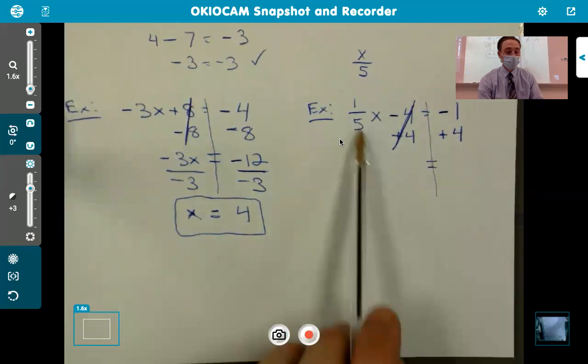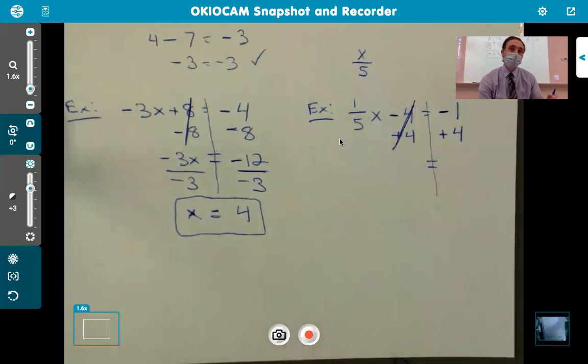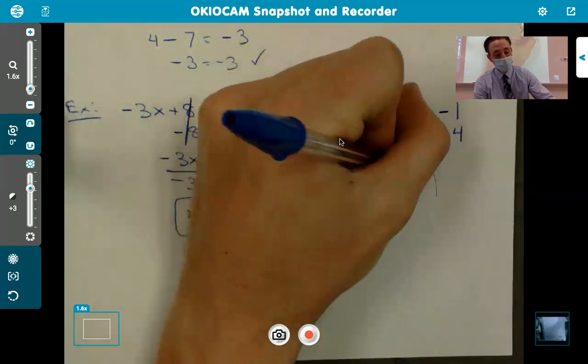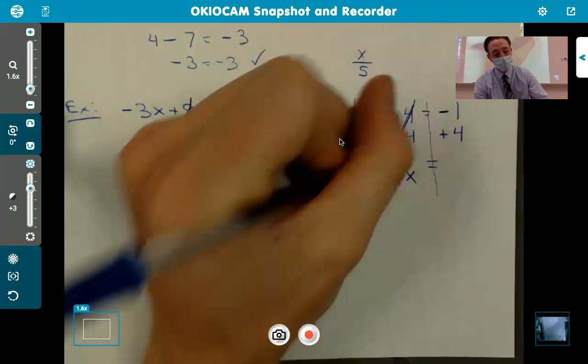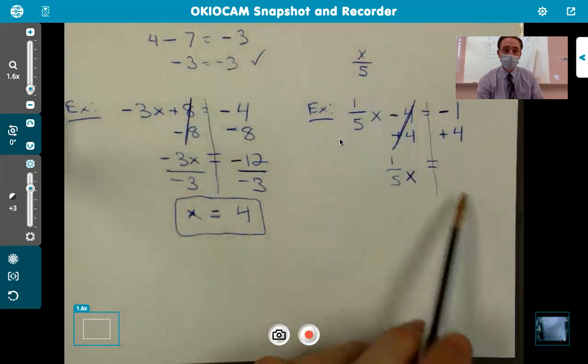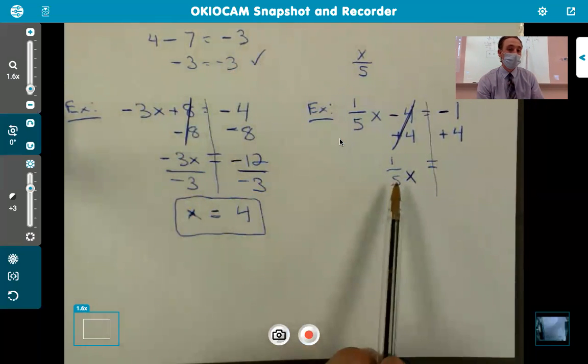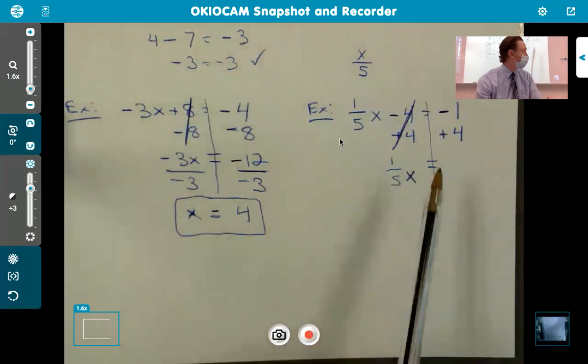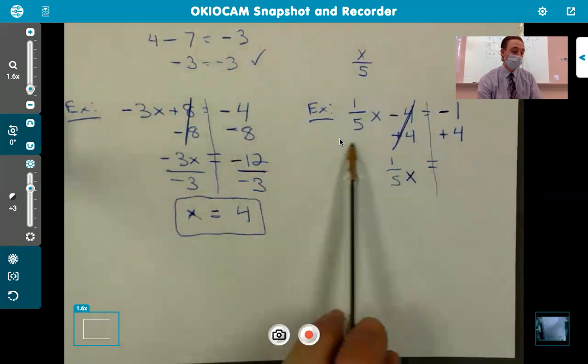So what other term is over here on the left-hand side? What's that? 1/5 x. Right, so this is the -1.